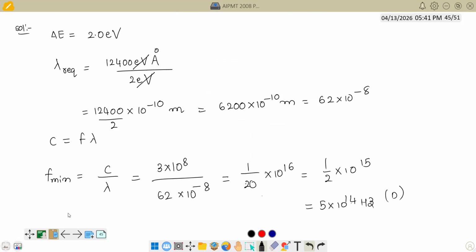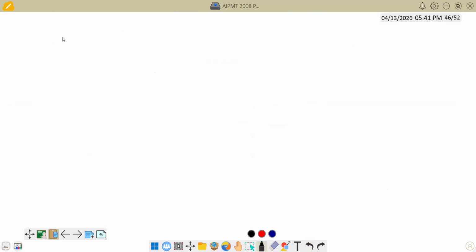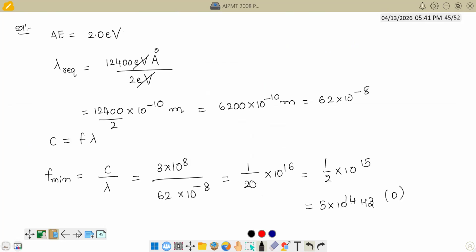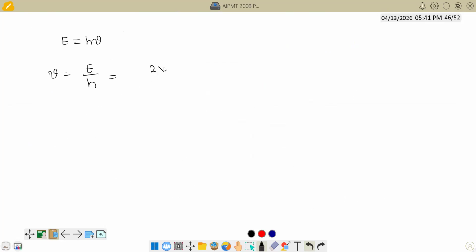You can do it another way also. You can use E equals h nu, but I don't recommend it. Nu would be equal to E by h. The E value is given as 2 electron volts. So 2 into 1.6 into 10 power minus 19 by the h value, 6.6 into 10 power minus 34.